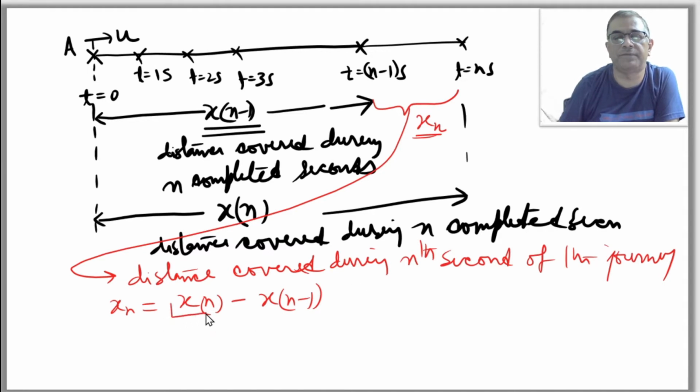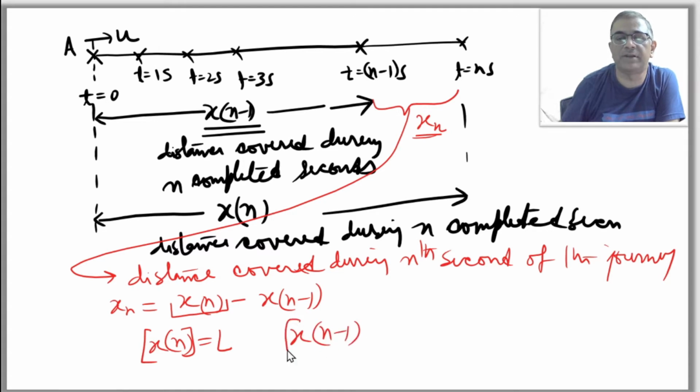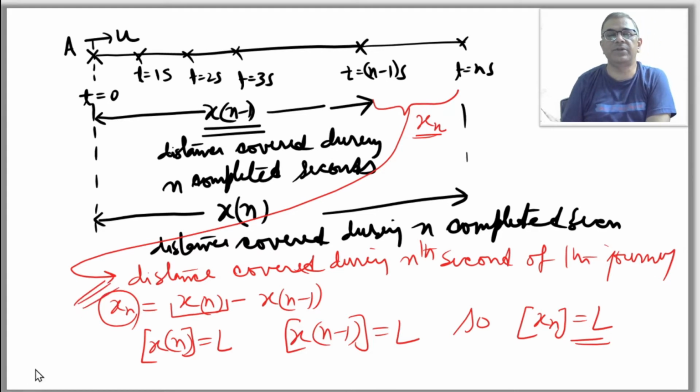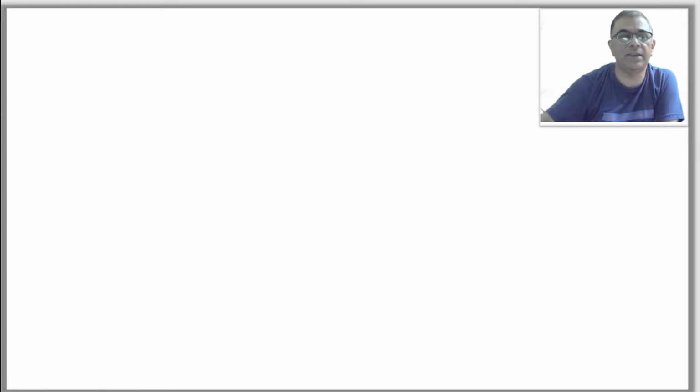Dimensional formula of distance covered during n completed seconds is L. Dimensional formula of distance covered during n minus 1 completed seconds is also equal to L. So the dimensional formula of distance covered during nth second of the journey should also be equal to L, because by definition this is the distance covered during nth second of the journey. Is that right?